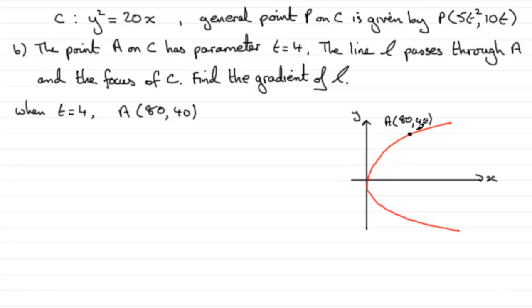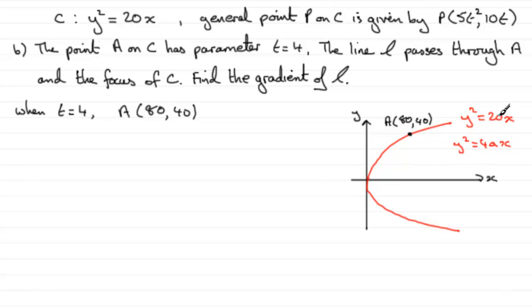Now that we've got A, we've got to draw a line L that goes through A and passes through the focus of our parabola y squared equals 20x. Now we should be familiar with the fact that if you have a parabola, it's of the form y squared equals 4ax, where a is the x-coordinate of the focus of our parabola.